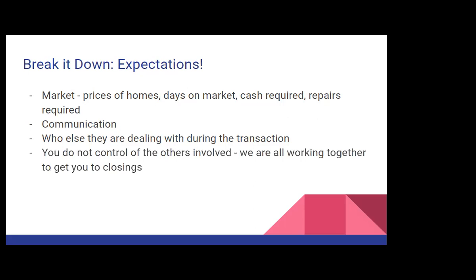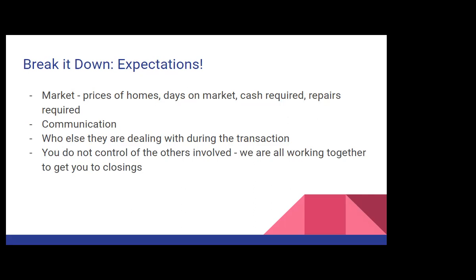And then this last part up here, you do not control the others who are involved, and there's a lot of people involved in a transaction. We've got our home inspectors, we've got our appraisers, which have a lot of power. We've got our lenders, we've got our attorneys. There's probably 20-something people who touch this person's file. Are you in control of any of them?